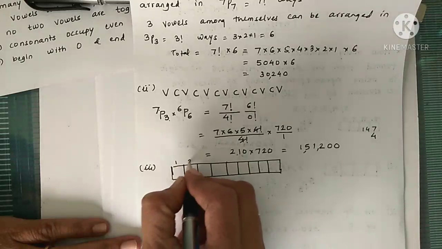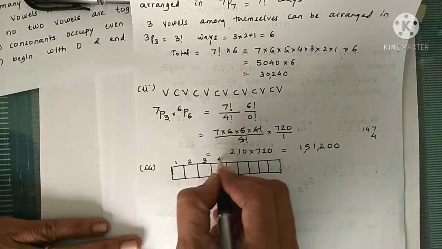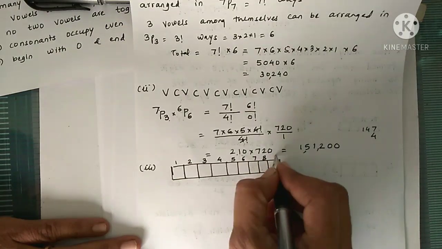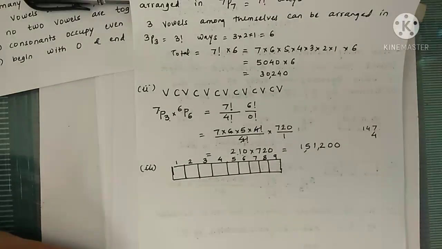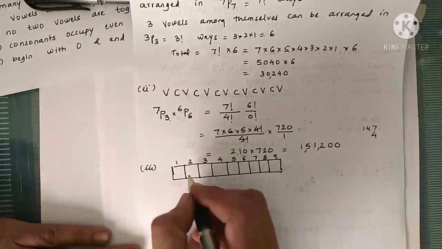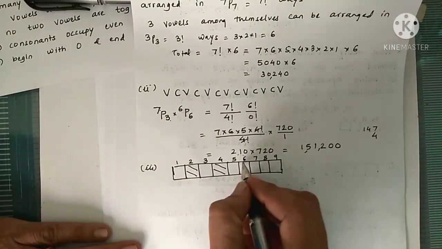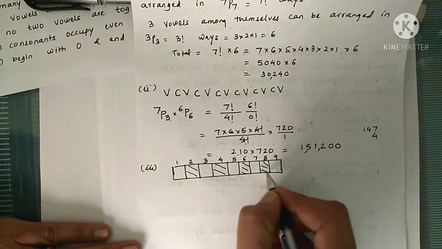Okay. So now I have 9 boxes. Now I want even positions. So see, these are the even positions: 2, 4, 6 and 8.